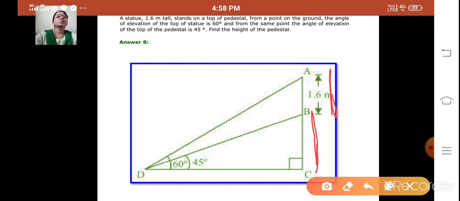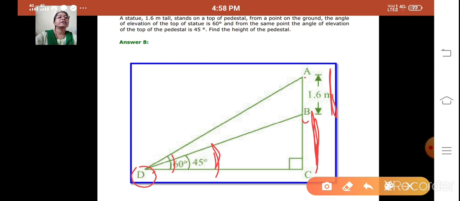Suppose the person is standing at point D. The first time when he looks at the top of the statue, the angle of elevation is 60 degree. And from the same point when he looks at the top of the pedestal, the angle of elevation is 45 degree. So we have to find the height of the pedestal, that means length BC.